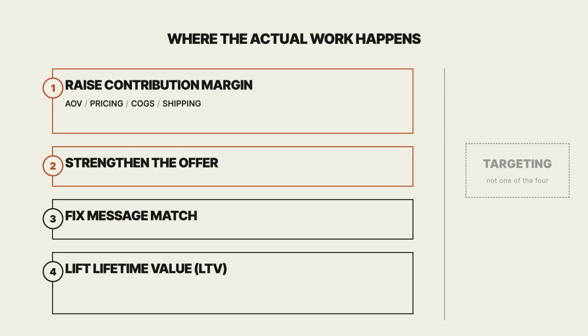Strengthen the offer so the same traffic converts better with 0 change to targeting. Fix message match so the ad and the page tell one story instead of 2. And lift lifetime value, that is LTV, what a customer is worth over time. When a customer is worth more, you can afford to pay more to get them, and that quietly takes the pressure off CAC. None of this is a secret method. It is just naming which layer the work is actually in.